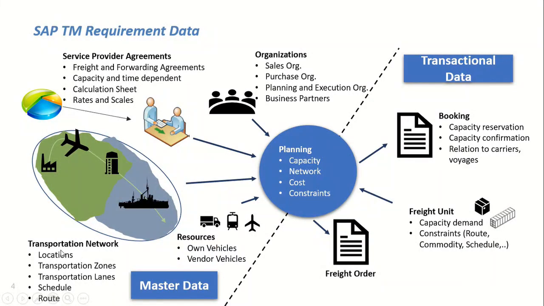This is the master that we are going to maintain directly in TM. And transactional data is, when we create an order, a lot of things like dates and locations are with respect to one transaction, and it will change every time we do a transaction. So this is transactional data. Master data is one-time created data, then we can always use it.